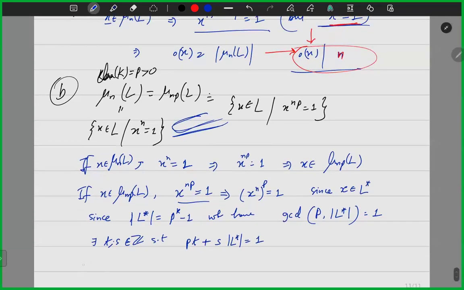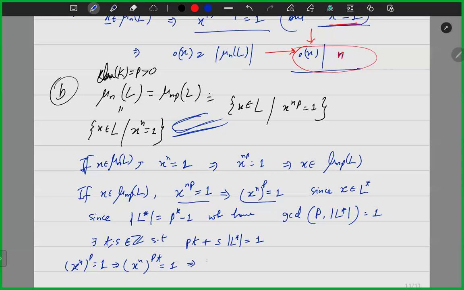From here (x^n)^p equal to 1 implies (x^n)^(pt) is equal to 1, since 1^t will be 1.